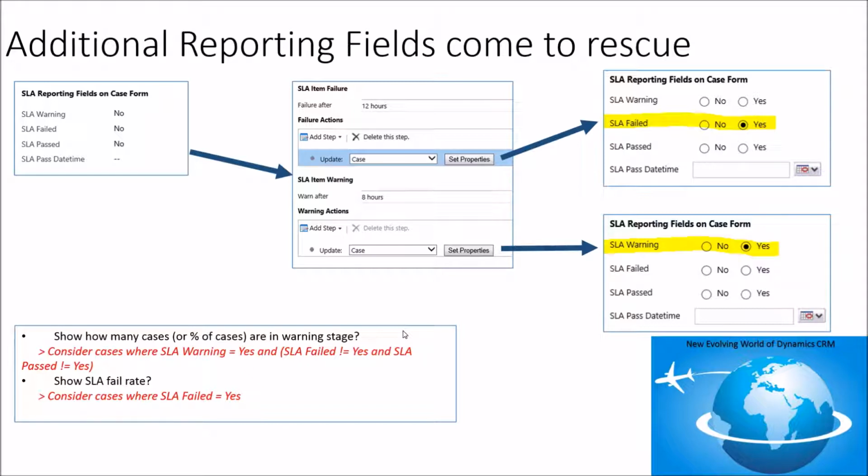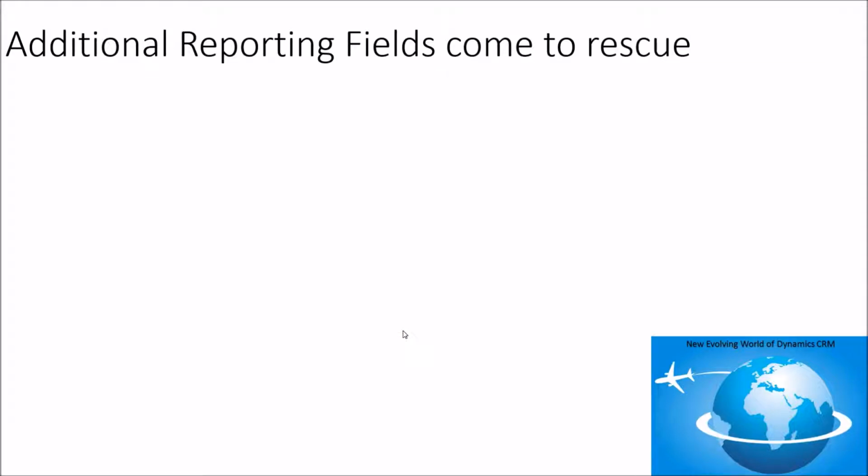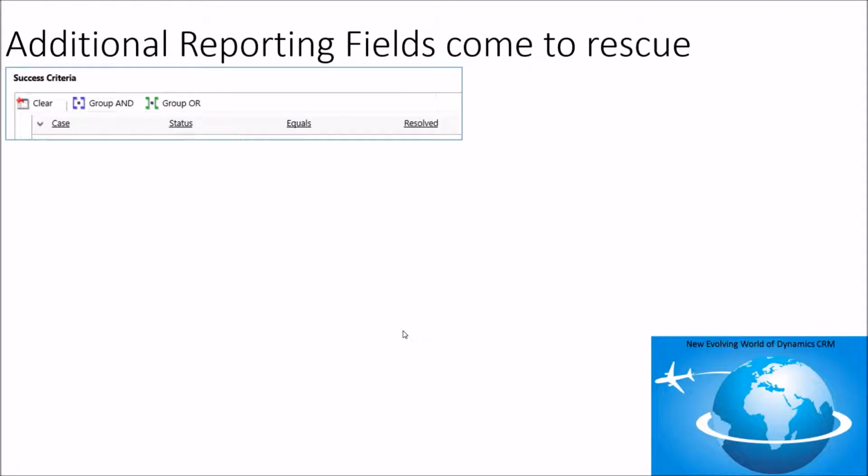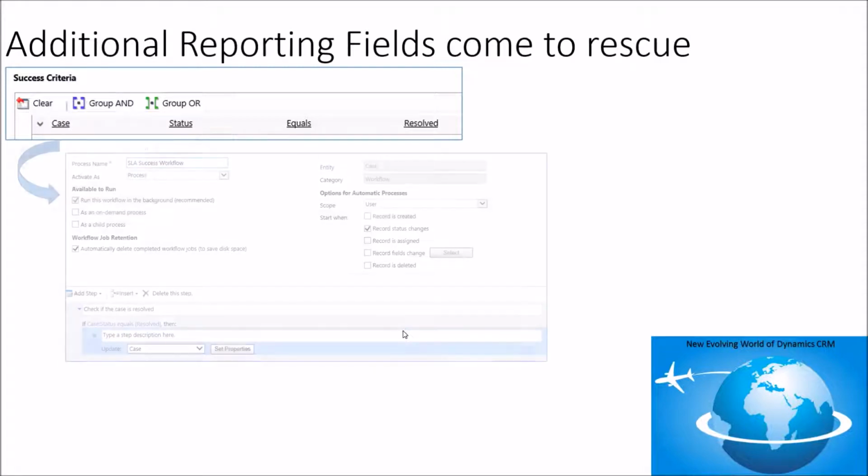Okay, so let's see, if I have to capture some such reporting timestamps or flags around when my SLAs become successful, how do I do that, okay? The solution is again very simple, guys. So remember the success criteria was that when the case is resolved, then I say my SLA is complete now, okay? Since there are no success actions here, I have to make use of a workflow.